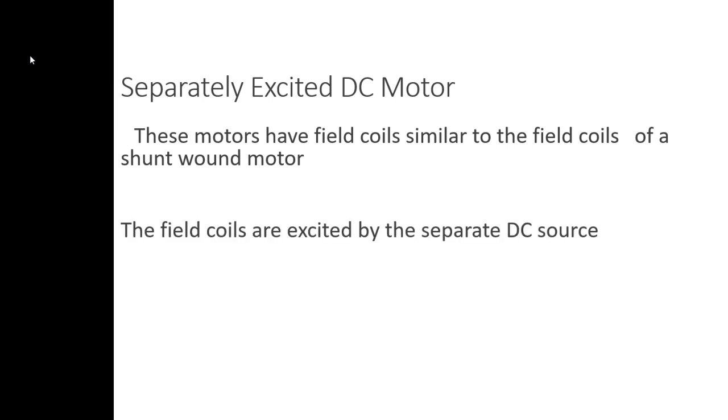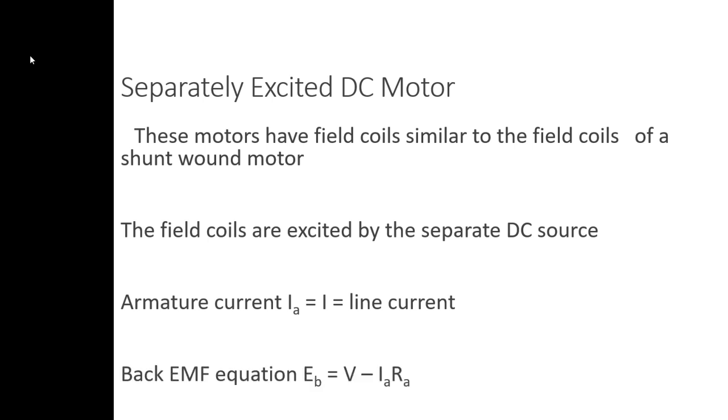The field coils are excited by a separate DC source. The armature current Ia is equal to I, which is equal to the line current, and the back EMF generated, that is Eb, is equal to the applied voltage minus IaRa.